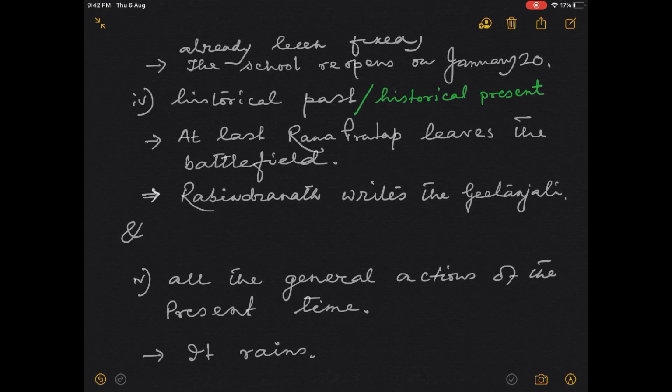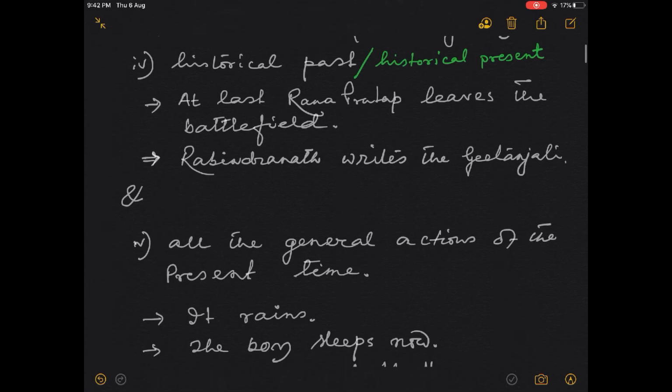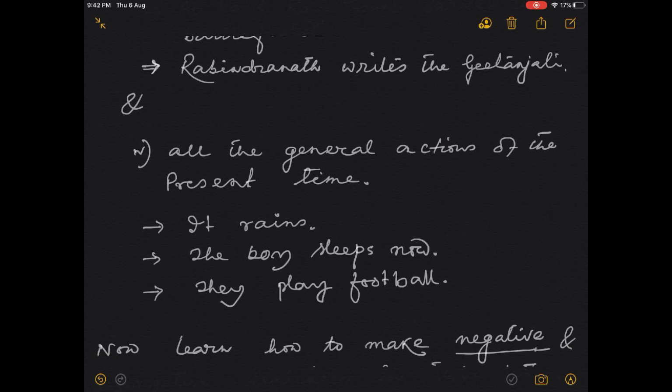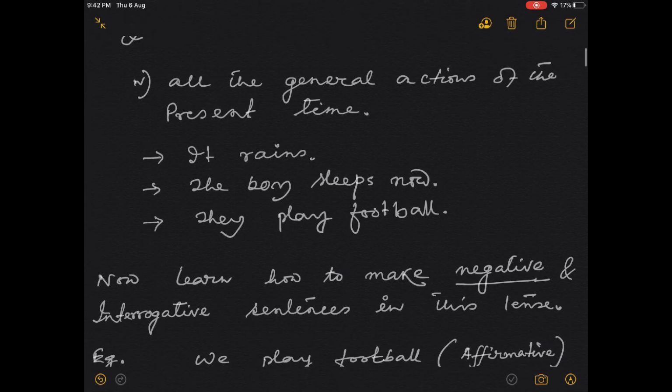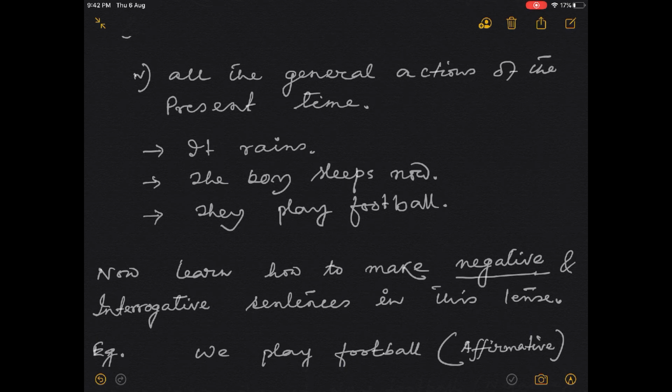Present indefinite tense is also used for all the general actions, all the normal everyday activities at the present time. See the examples and you can understand. It rains. The boy sleeps now. They play football. We do a lot of walks.